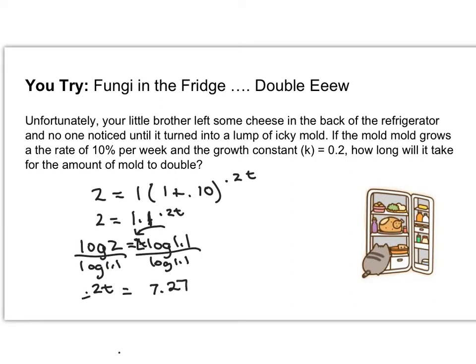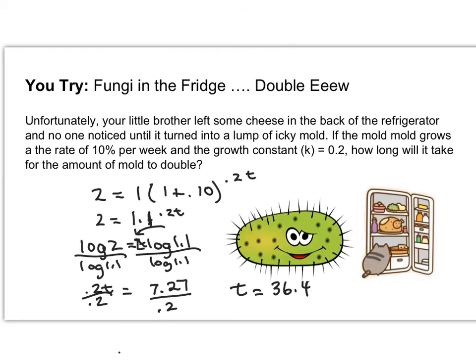Again, don't round until the very end. And I divided by 0.2. That means that t is about 36.4 weeks. That's how long it would take for mold to double in your fridge under these circumstances. How long would it take for mold to completely overtake your refrigerator?